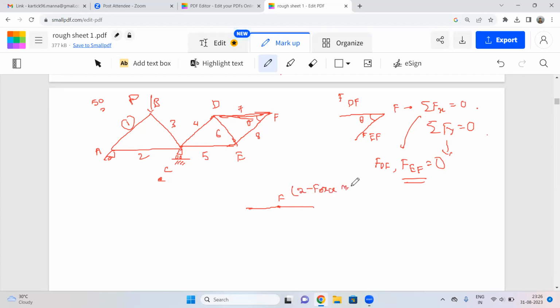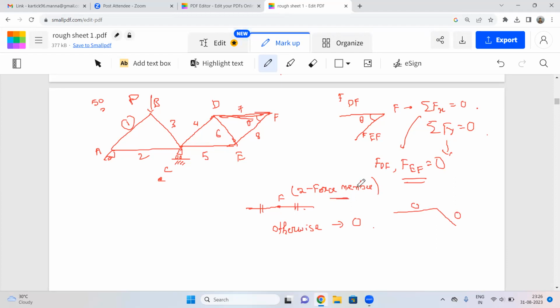For a two force member, if these two things are parallel, then these two values will be same. Otherwise, if it is not parallel, any kind of thing, then both the values will be 0.